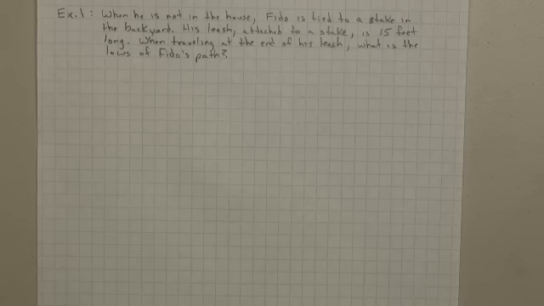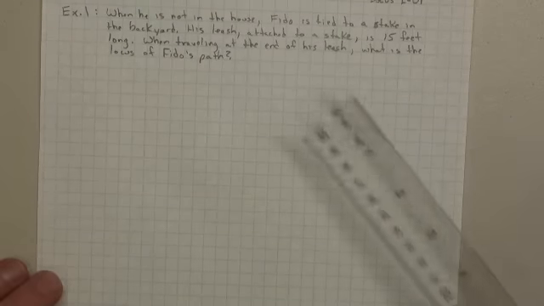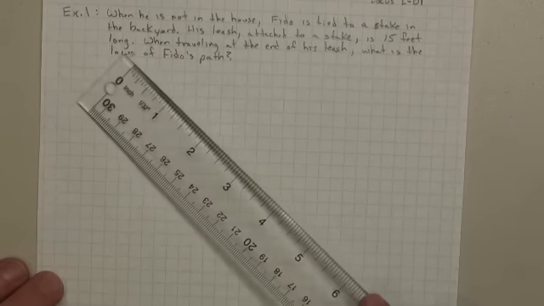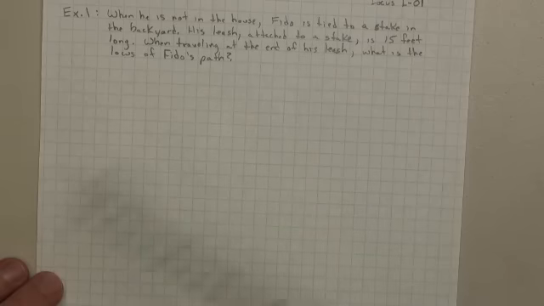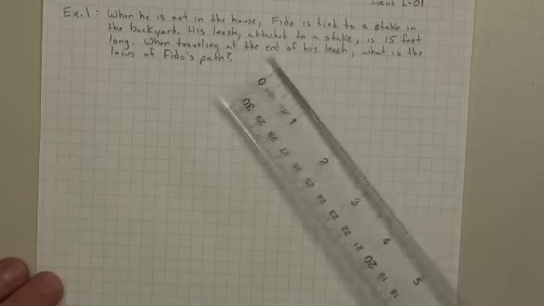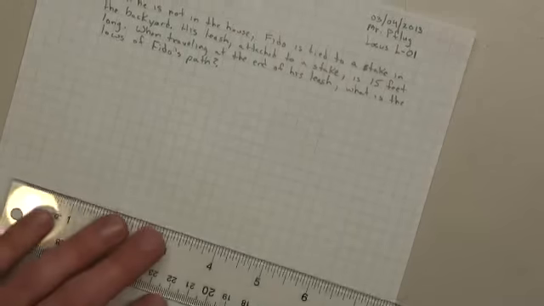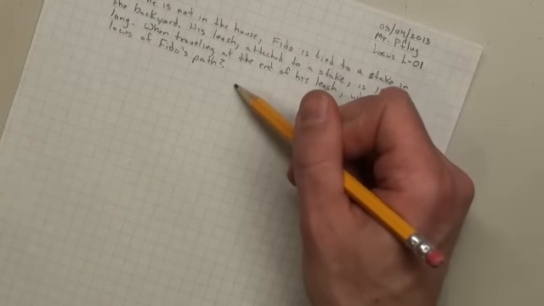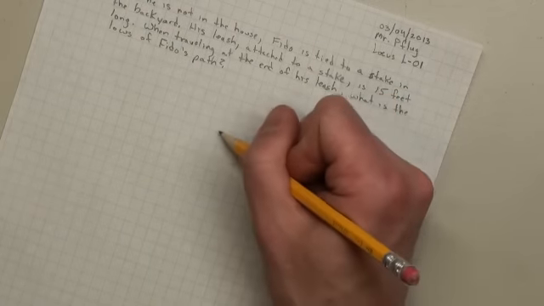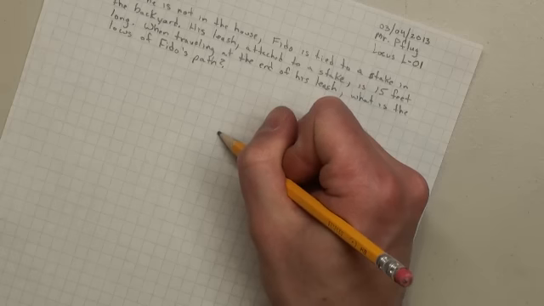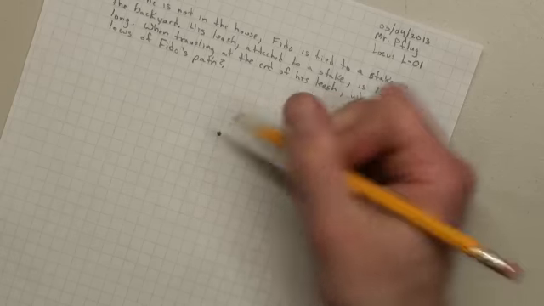Give me one sec. Okay. So it's 15 feet long is his leash. Okay, he's attached to a stake. His leash is 15 feet long. So what I want you to do is go about 5 places down in the middle and make a dot.